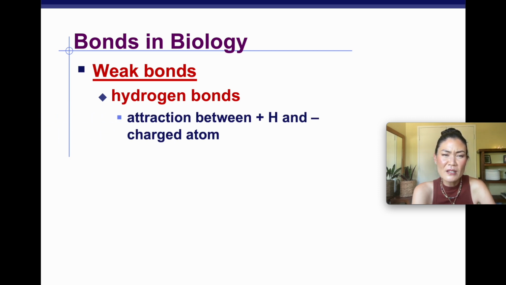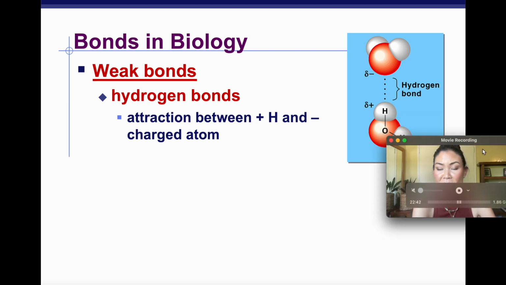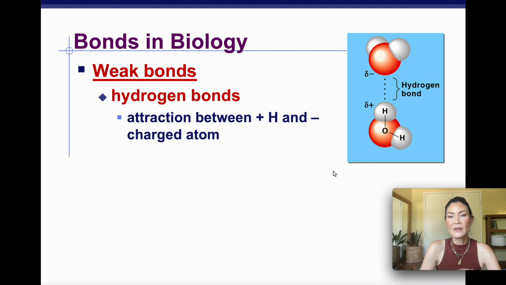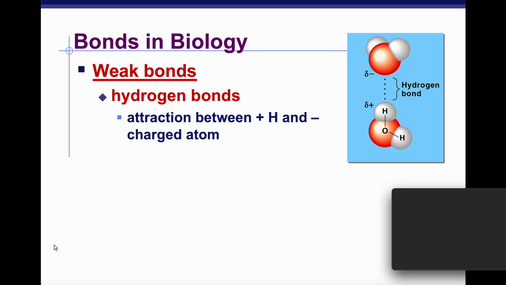Hydrogen bonds are attractions, and they're called hydrogen bonds because the hydrogen is going to have a positive charge, and it's going to be attracted to a negatively charged atom. In this case you have water, and chapter 3 is all about water. The hydrogens in the water are positively charged, and they're attracted to things that are negative. That's why it's called the hydrogen bond. And again, a bond of attraction is always a weak bond.